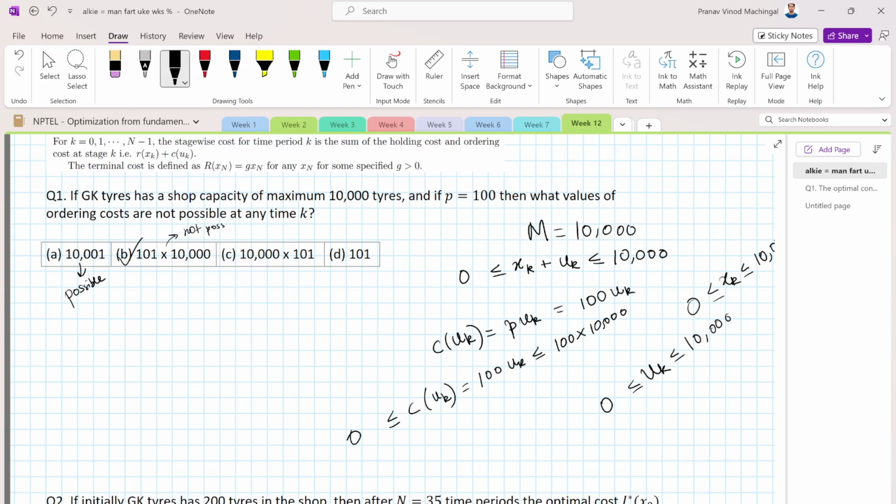Here also it is 10,000 into 101, which is the same thing, I guess. So not possible. And this is possible. So options B and C are not possible at any time. So that's a simple question.